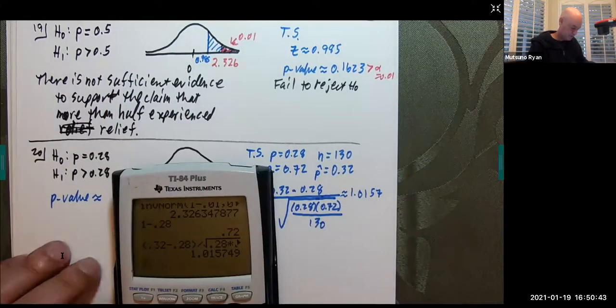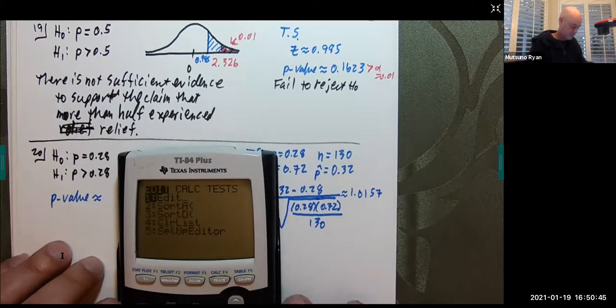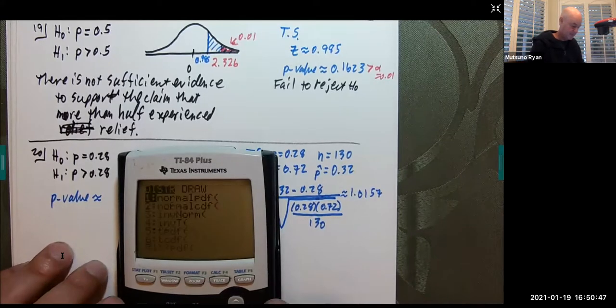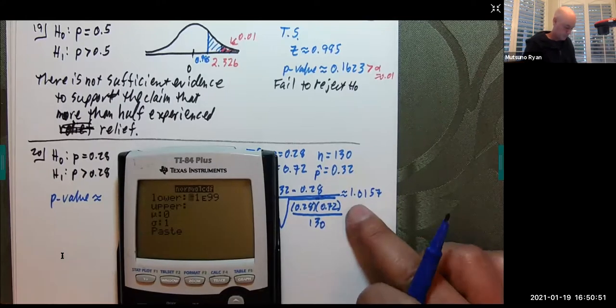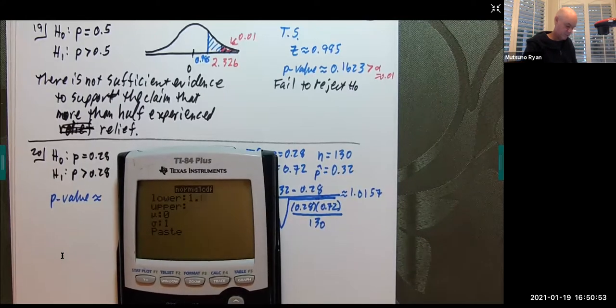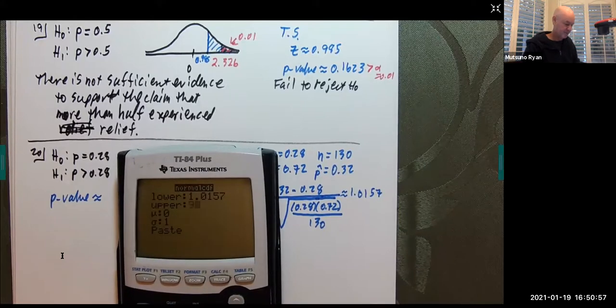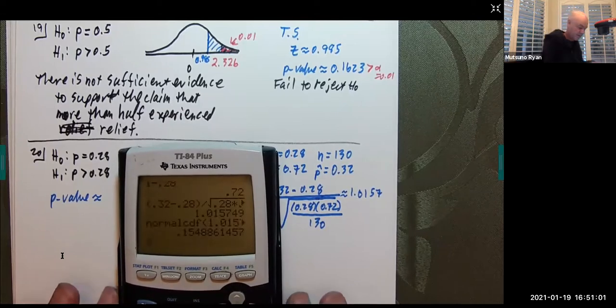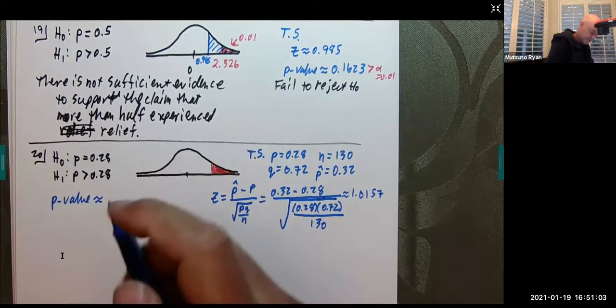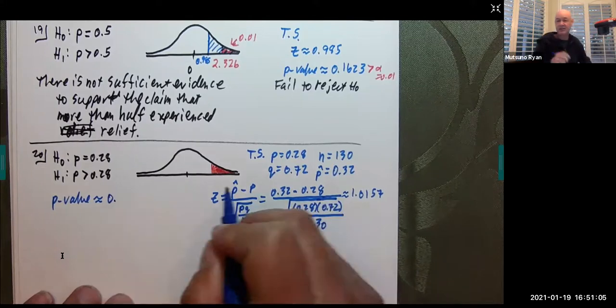So here we go. Lower is 1.0157. Upper is 99999. My p-value. Since it's one tail, I don't have to double it.